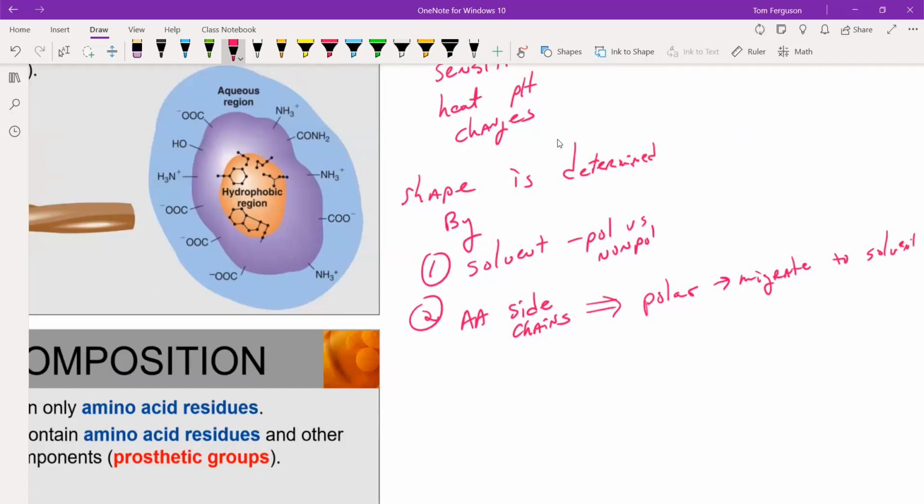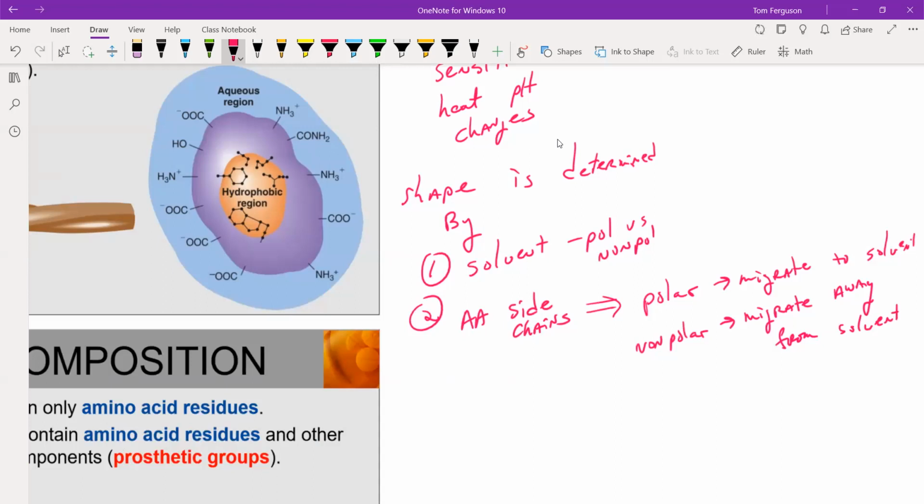The non-polar side chains will migrate away from solvents.